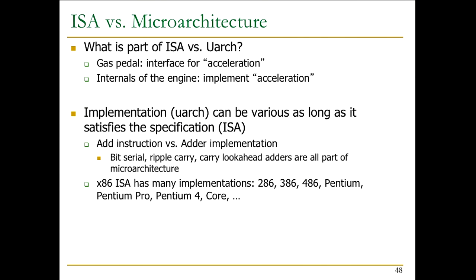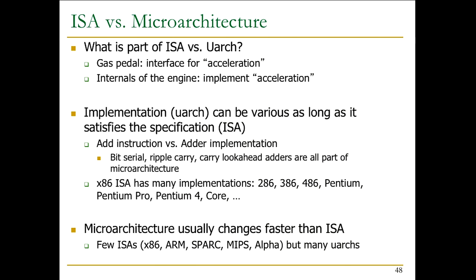Or a ripple carry adder, which makes it more parallel. Carry lookahead adder makes it even more parallel so that your critical path is lower. They're all part of the microarchitecture, right? That implementation doesn't need to get exposed to the programmer. For example, the x86 ISA has many implementations that make many different choices for adders, right? And we can study some of those when time comes.